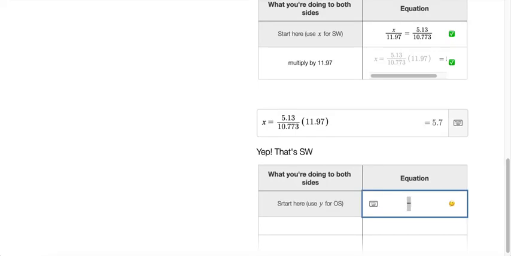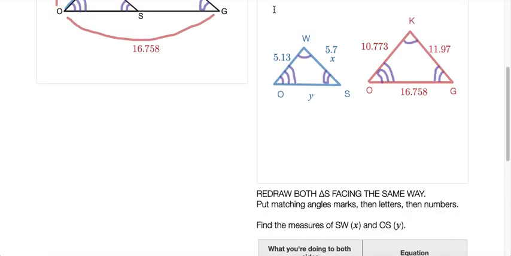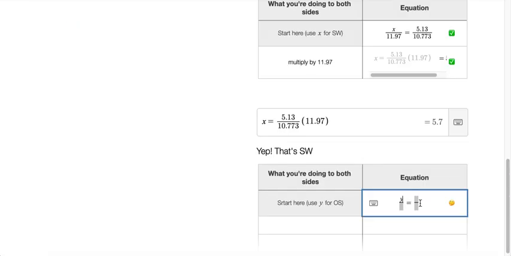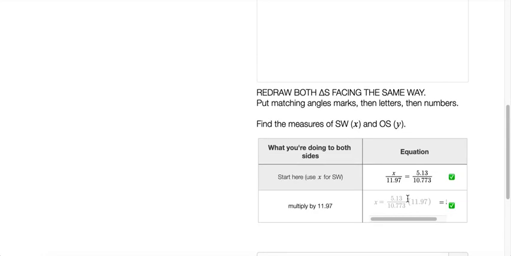Matching sides are proportional, so one ratio equals another ratio. To make an easier equation to solve, let's start with the variable. For OS, from the triple to the double, right here I can see triple to double in the same place, y matches with 16.758. So y over 16.758. Y is from the small triangle.